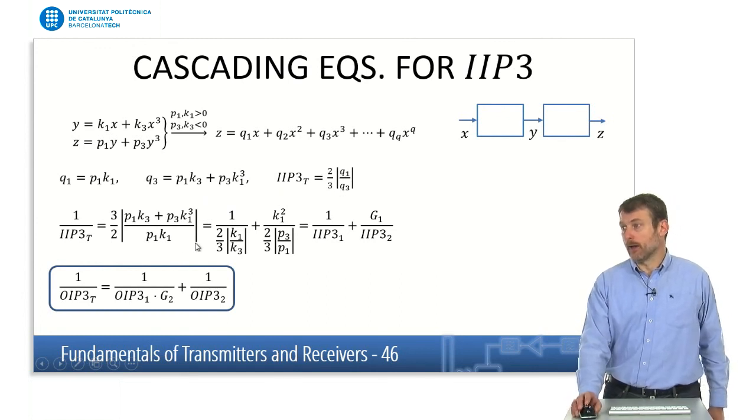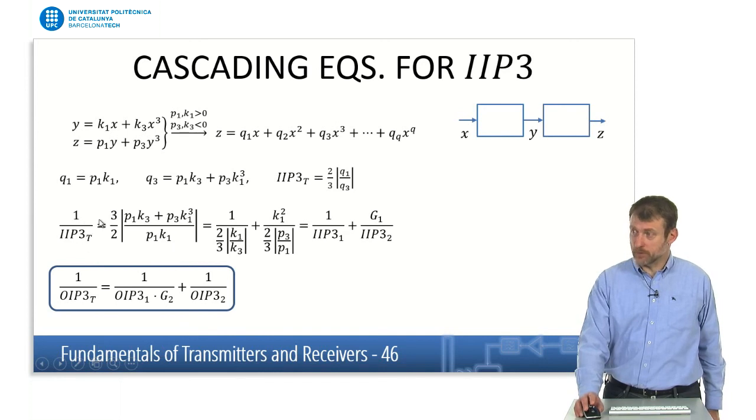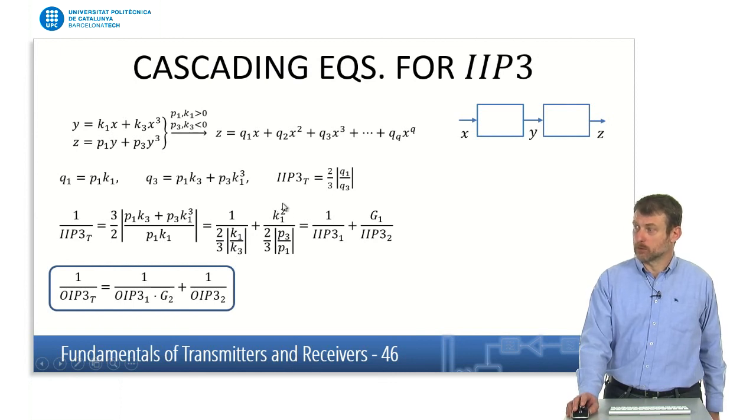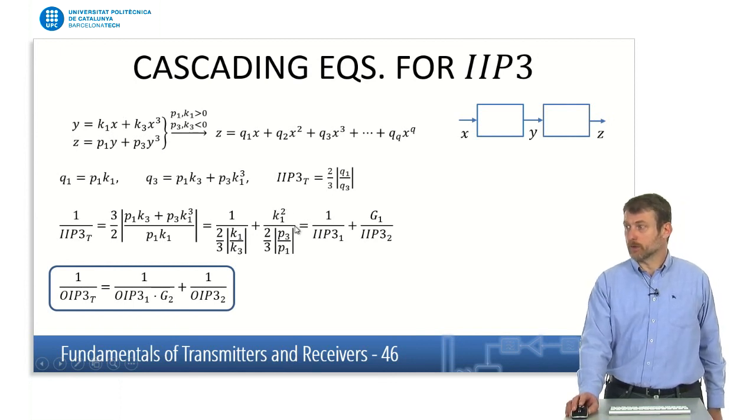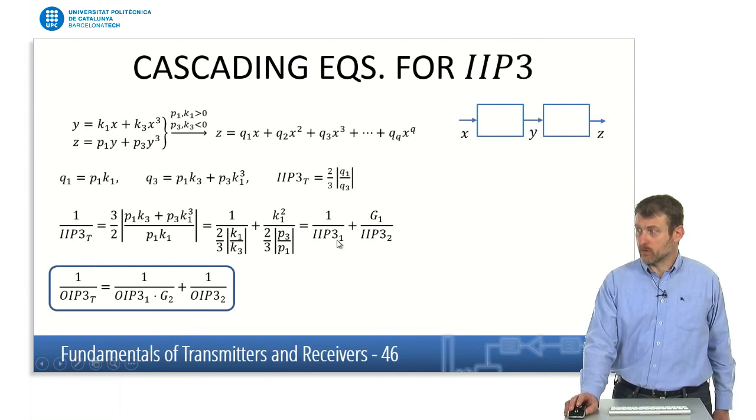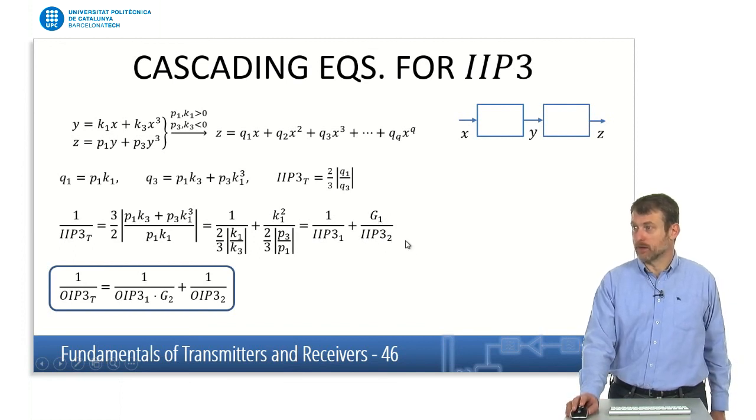And then the reciprocal of IQ3 can be put in this equation, which is the reciprocal of 2/3 of K1 divided by K3, and the reciprocal of 2/3 of P3 divided by P1 multiplied by K1 squared, right? And if you look at that, this is the third order intercept of the first element, and this is the third order intercept of the second element, and this is the gain of the first element.